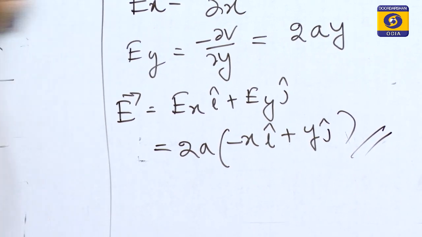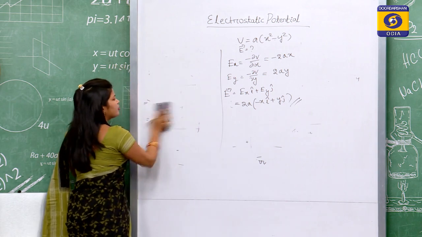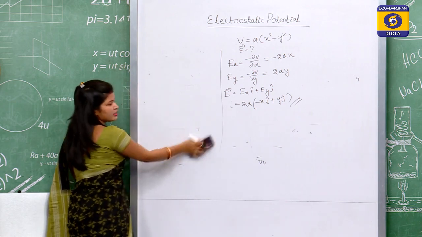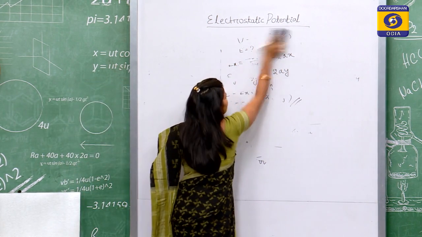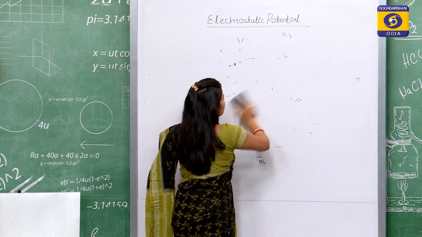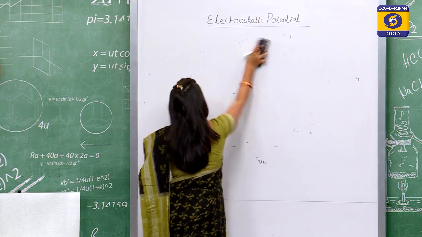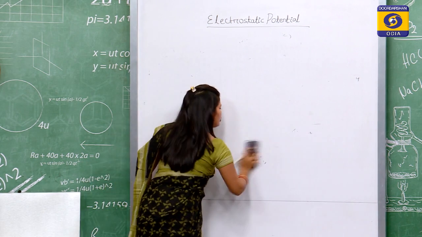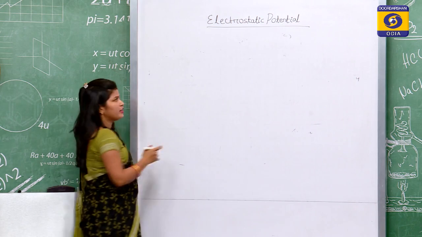Now, let us see what is the potential due to a charged shell. The potential due to a charged shell or a conducting sphere.